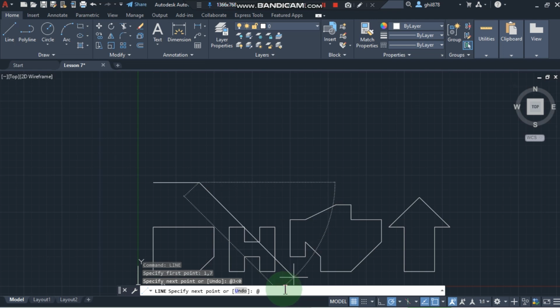So at 1.4142, angle of 45 degrees, so that will be from here to there.